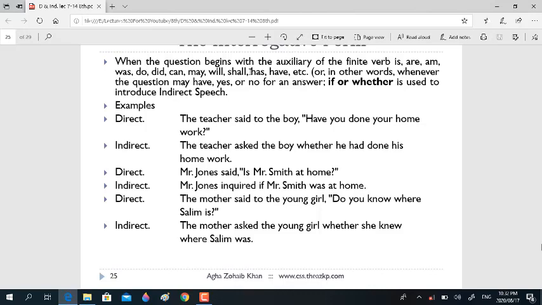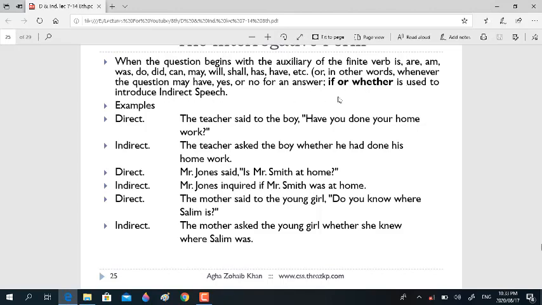Will and shall both get changed into would, not should, right? Just keep it in mind. Or in other words, whenever the question may have yes or no for an answer, if or whether is used to introduce indirect speech.